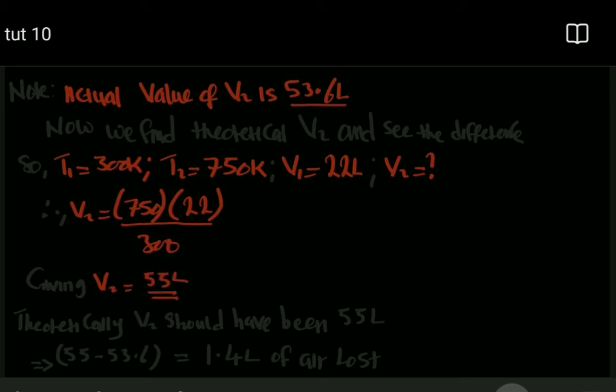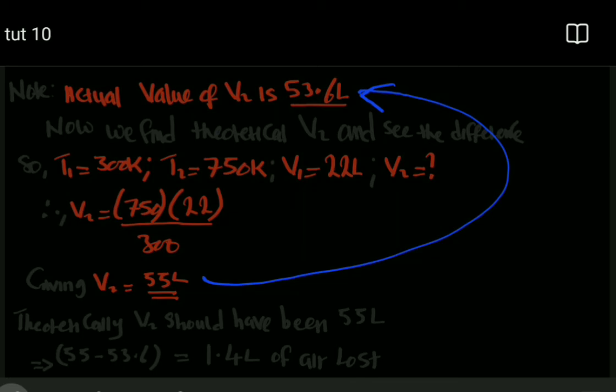All right, so now if we compare this value of 55 liters to this other value here, we notice a difference, okay? The observer only saw the air expanding to 53.6 liters, but in the actual sense, the expansion should have been 55 liters.